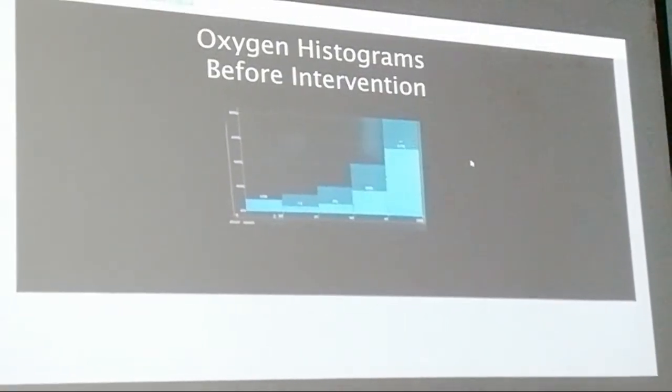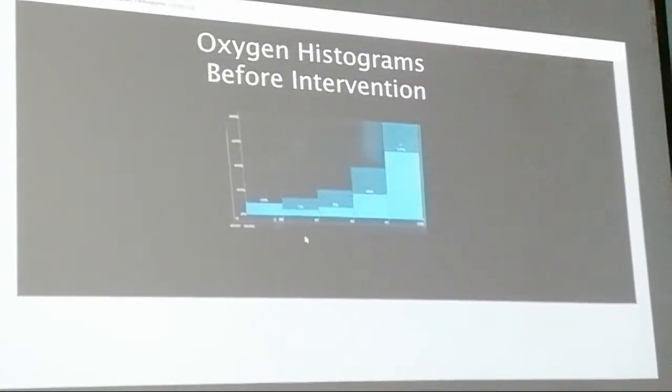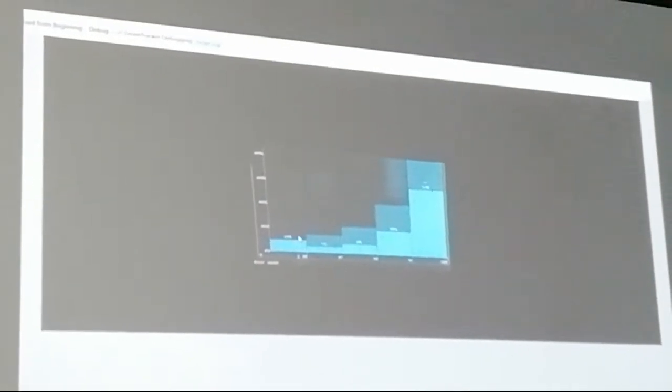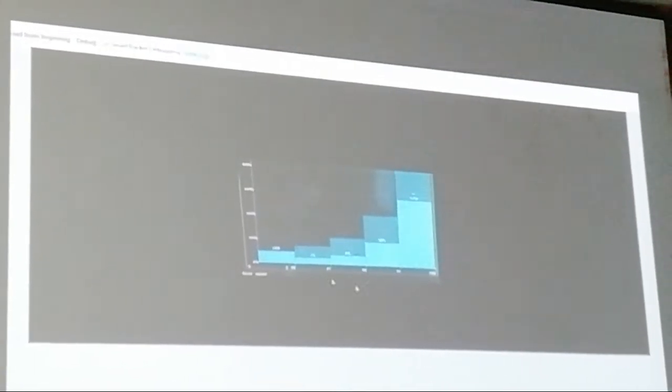Oxygen histograms are representing different periods, as percent in 24 hours, of the oxygen saturation, represented in different ranges.